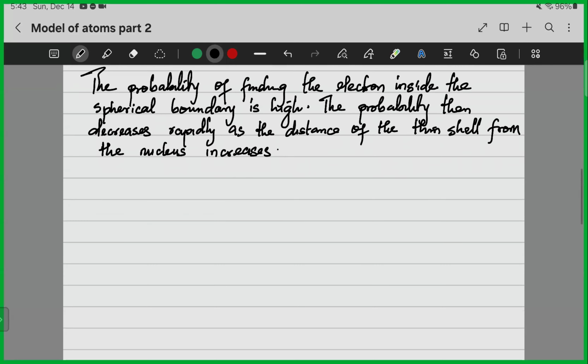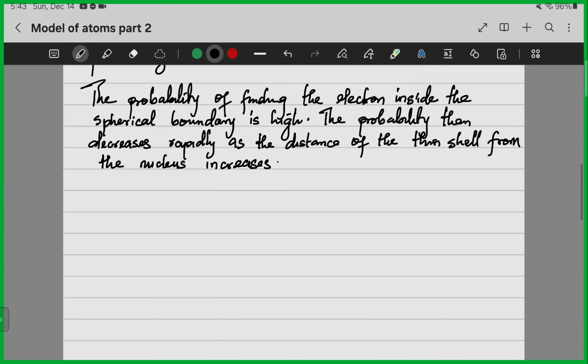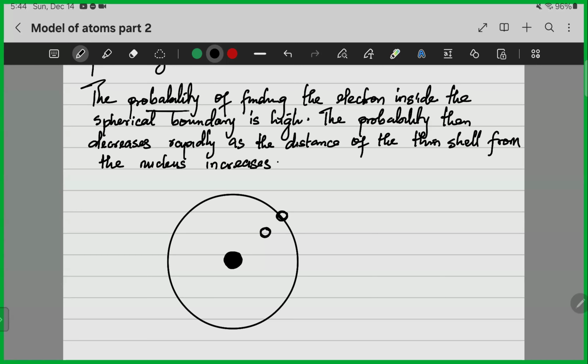This last point I just made describes something like this. There is higher probability to find an electron here than to find an electron here.